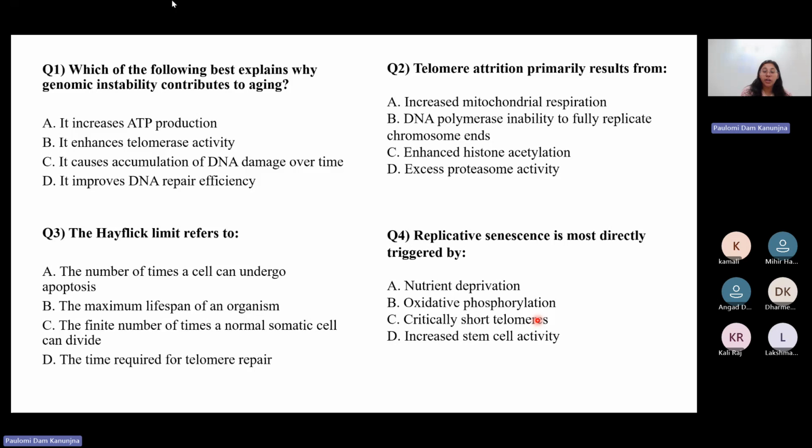So all of these for now on the slides are basically signs of hallmarks of aging. So why is each of them a hallmark of aging, or why are each of them even taking place in the cell? So maybe a minute more and then I can give the answers and why they are the correct answer and the discussions.